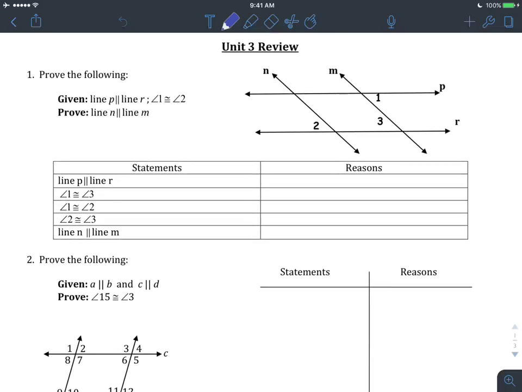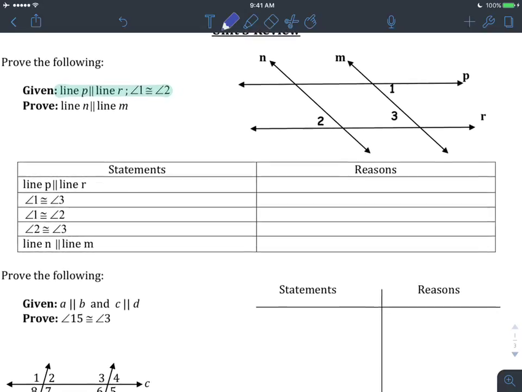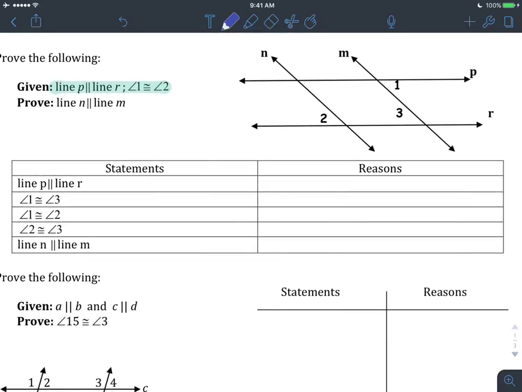So, number 1, proof. It says given line P is parallel to line R and 1 is congruent to 2. So I'm going to go ahead and plug that in for our reasons. P is parallel to R because that is given, and 1 is congruent to 2 because that is given.